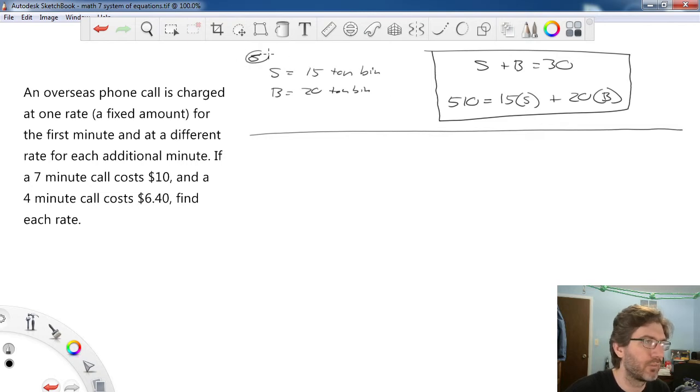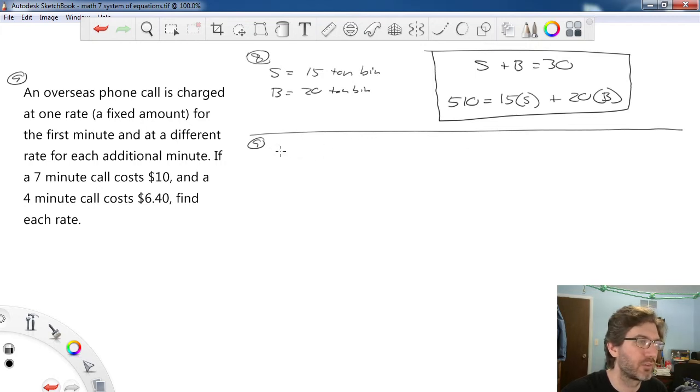This was number 8, this is number 9. The overseas phone call is charged at one rate or a fixed amount for the first minute and a different rate for each additional minute. If a 7-minute call costs $10, so $10 is going to equal your first minute.